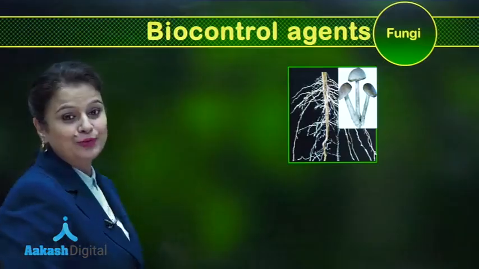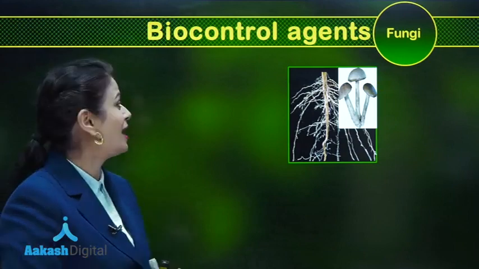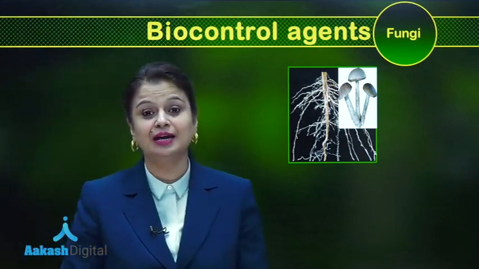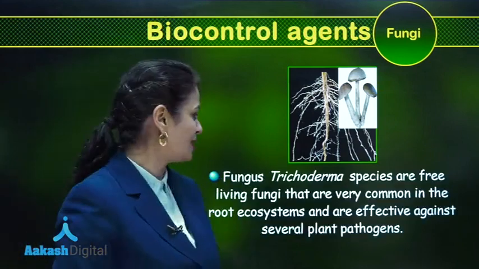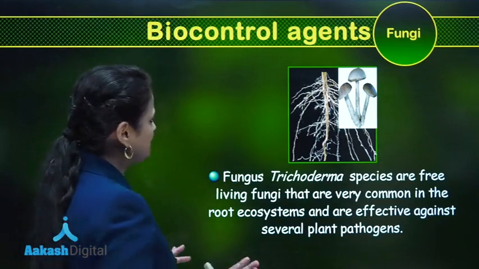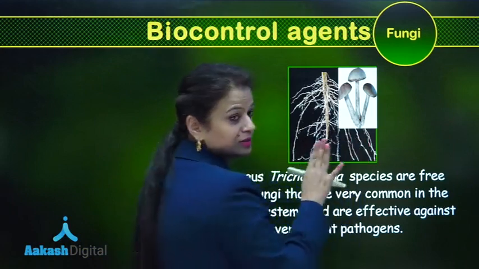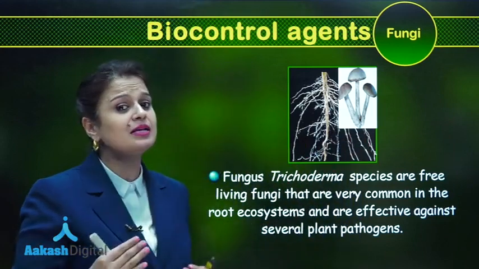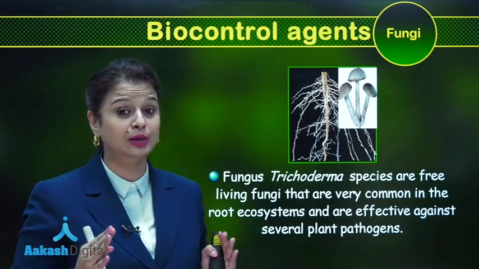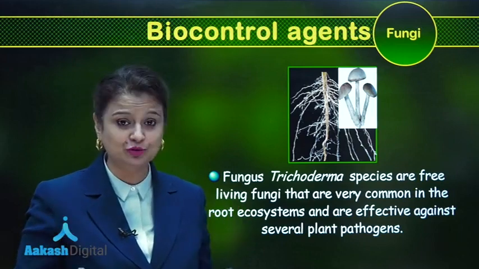Yes, after this, now we are going to talk about fungi as a biocontrol agent, and that fungus is Trichoderma. Now, this fungus is seen in the root ecosystem. It is present in soil and it has the ability to protect plants from soil-borne pathogens.